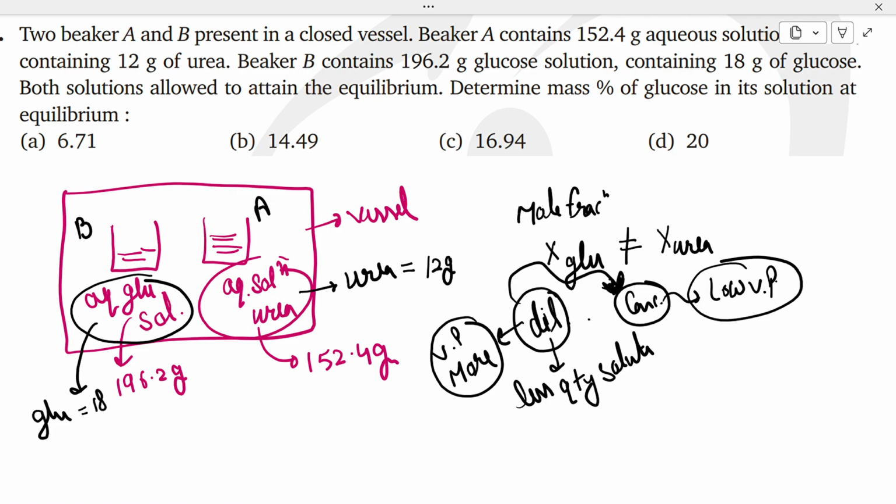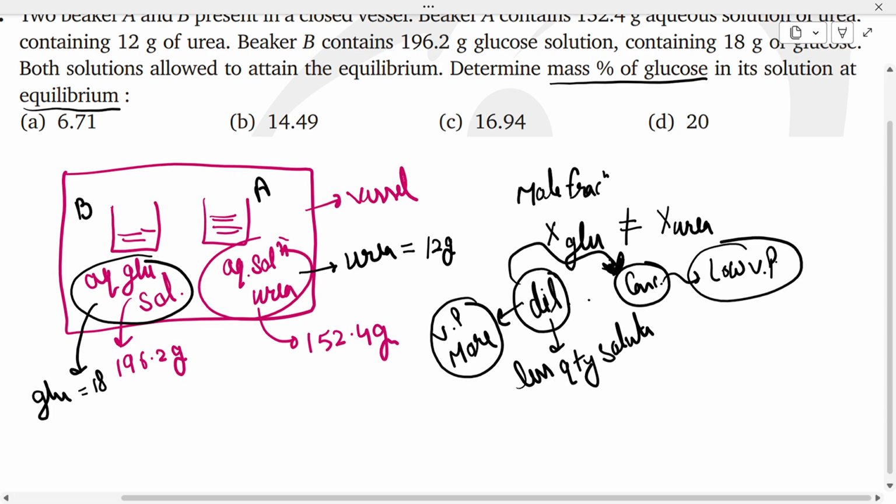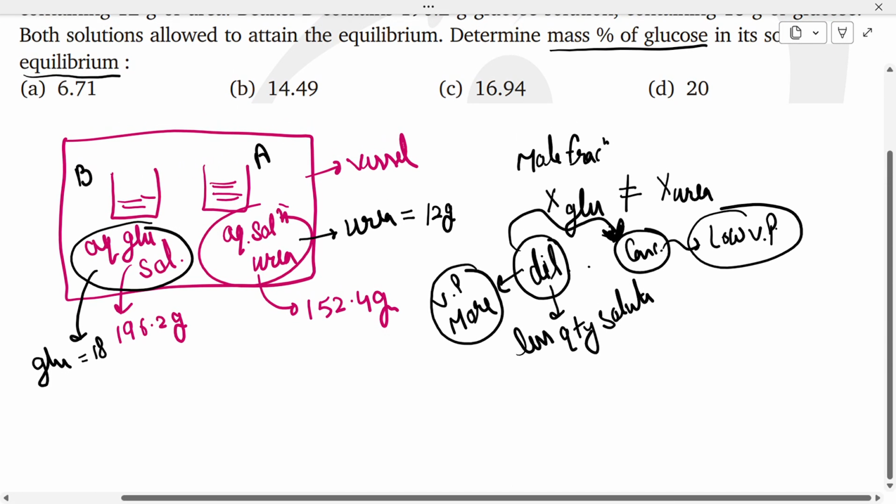Obviously the amount of water will increase or decrease, so at equilibrium the mass percent of glucose in its solution will change, and we have to find out the mass percent of glucose at equilibrium.